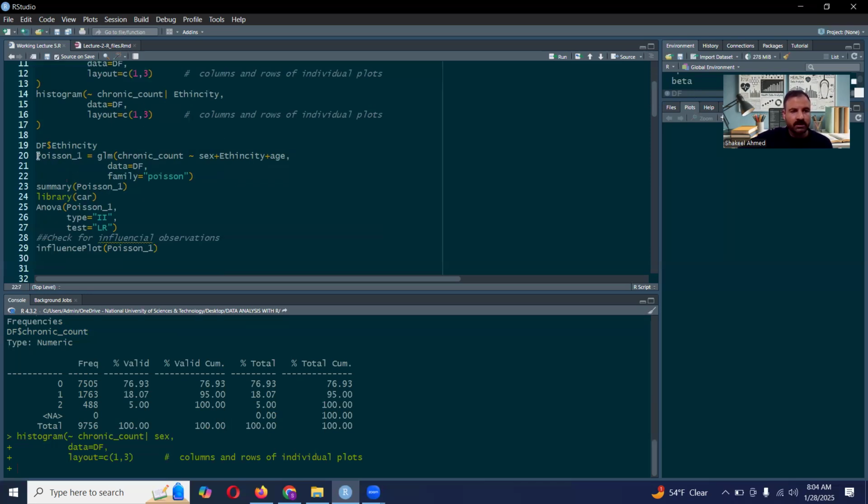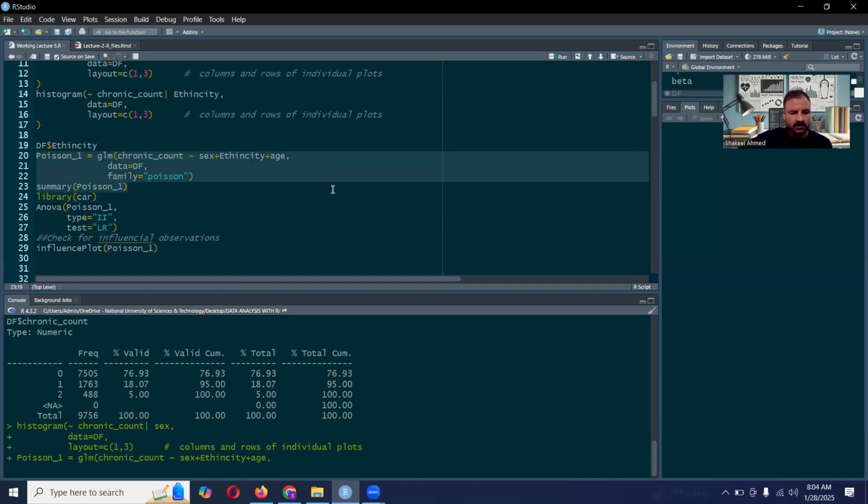And you can just run the Poisson model as we did.